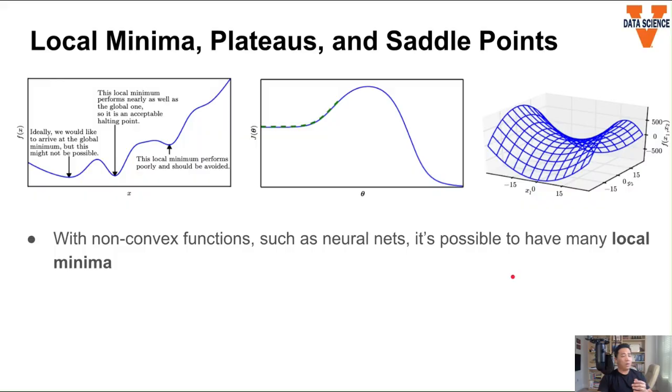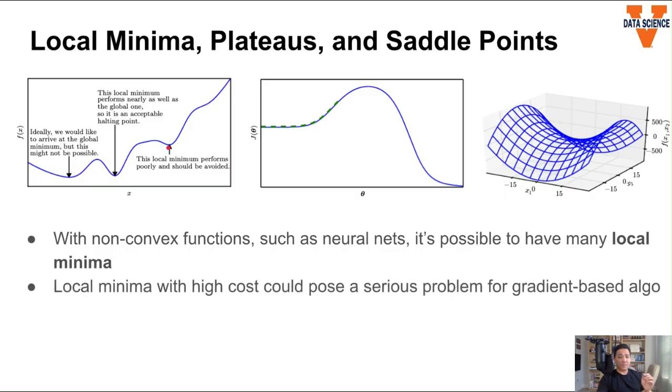The loss function of a neural network is non-convex, so it's possible to have many local minima, and the optimizer can get stuck in them. Some local minima perform nearly as well as the others, but sometimes you get stuck in a valley in this loss function that never really has a good cost associated with it. When you end up here, it can pose a serious problem for the algorithm.